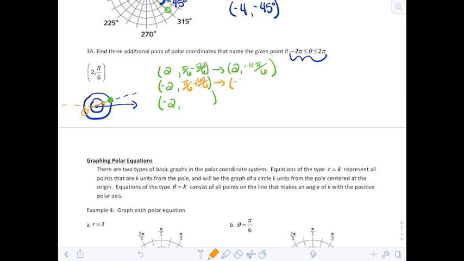And then I get my negative 2, 7 pi over 6. The other way to do that would be to rotate this direction with negative 2, take that pi over 6, and subtract 180, 6 pi over 6. That fourth point would be negative 2 and negative 5 pi over 6.